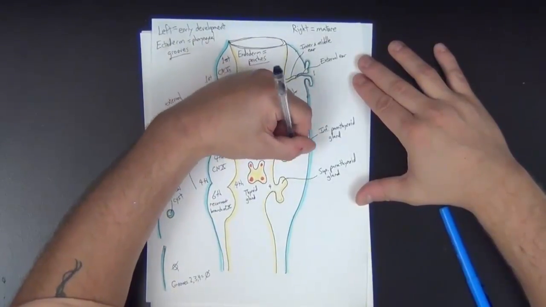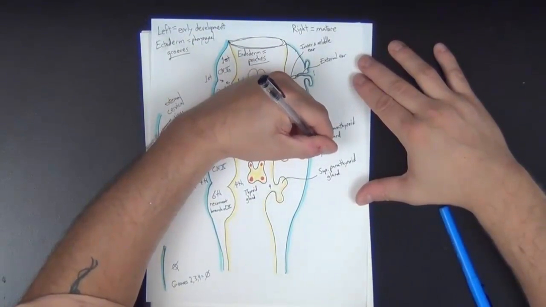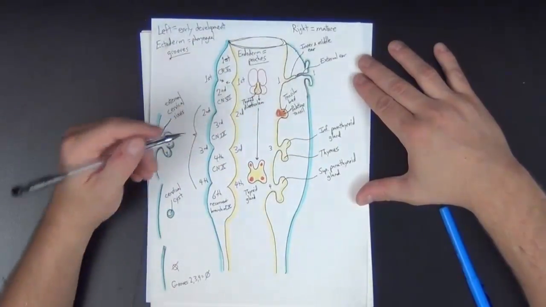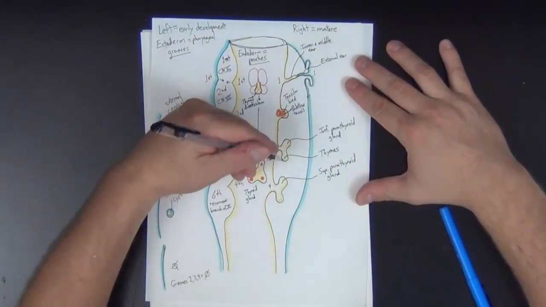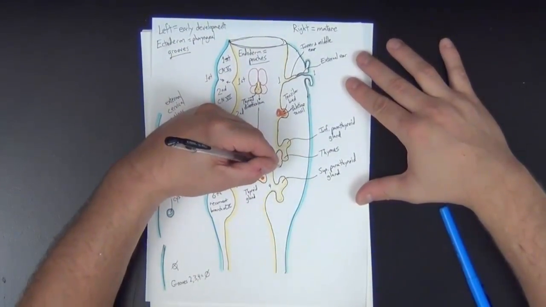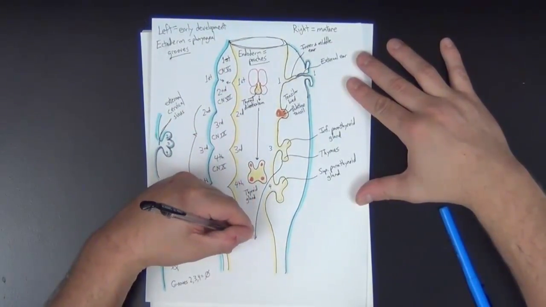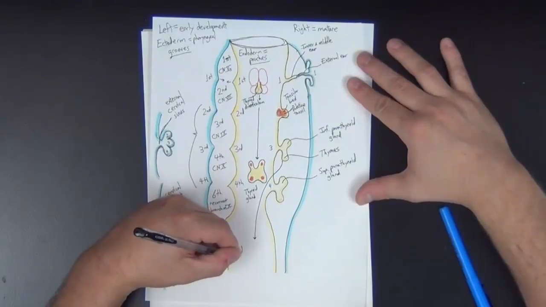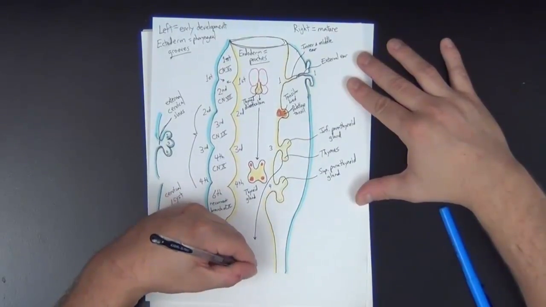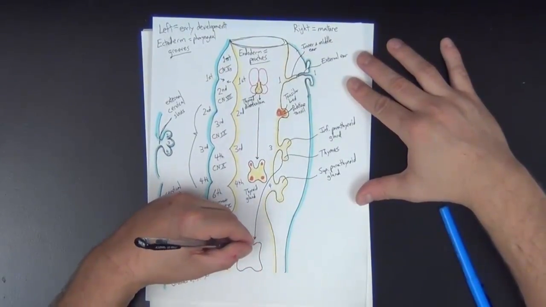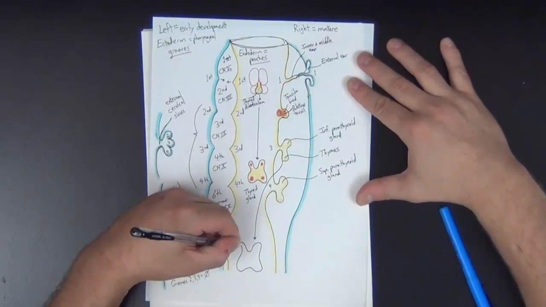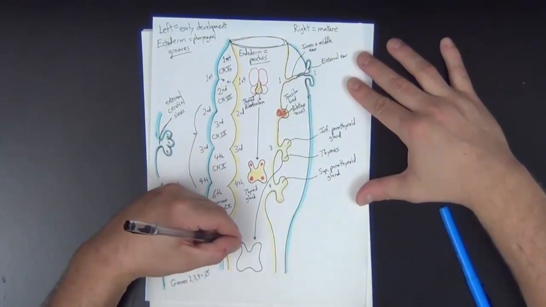Now, let's jump back here to the ventral extension of the third pouch. This extends inferiorly to become the thymus, which is another gland, which is more of an immune gland than anything else. And this is going to migrate inferiorly, even further than the thyroid did. It's going to migrate down to the superior mediastinum, just above and a little bit anterior to the heart, and forms a gland that looks in shape not unlike the thyroid.